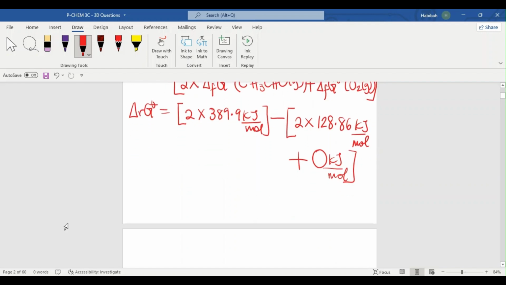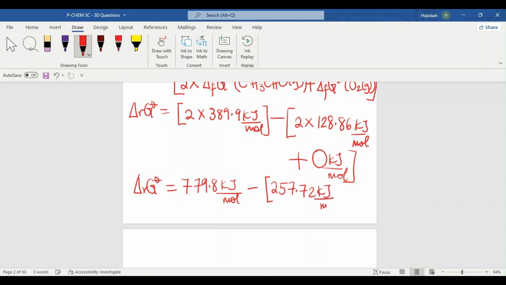Now we have this. The Gibbs energy of reaction is now going to be 2 times 389.9 kilojoule per mole, which is simply 779.8 kilojoule per mole, minus 2 times 128.86, which is simply 257.72 kilojoule per mole.